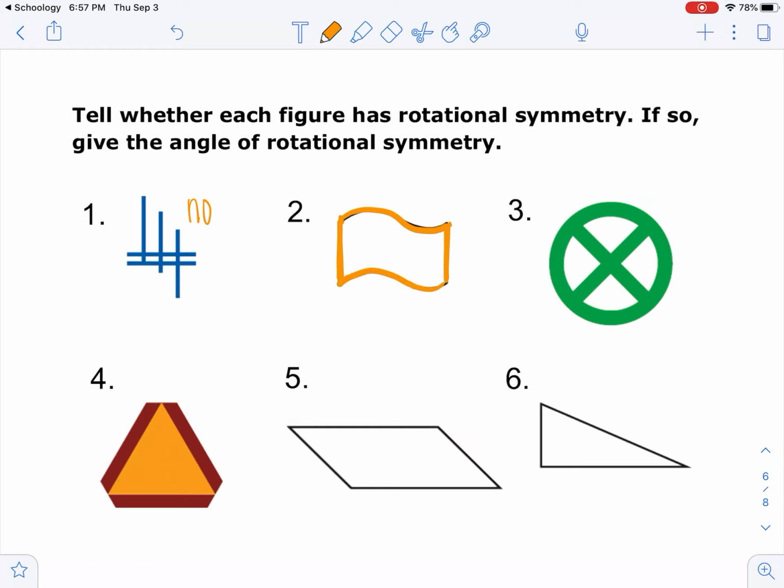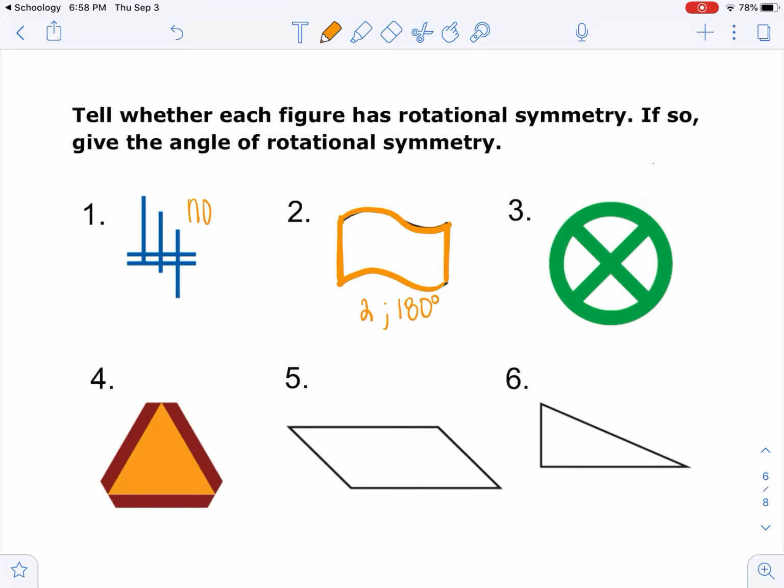So if I flip my paper, there's got to be a curve up top and then it dips down. And at first I want to say that there's rotational symmetry. And if you turn it, you'll see that there is rotational symmetry. It will land on top of itself if you turn it. So yes, there's rotational symmetry. It'll look like itself just twice. 360 divided by 2 is 180. So the order is 2 and the angle is 180.